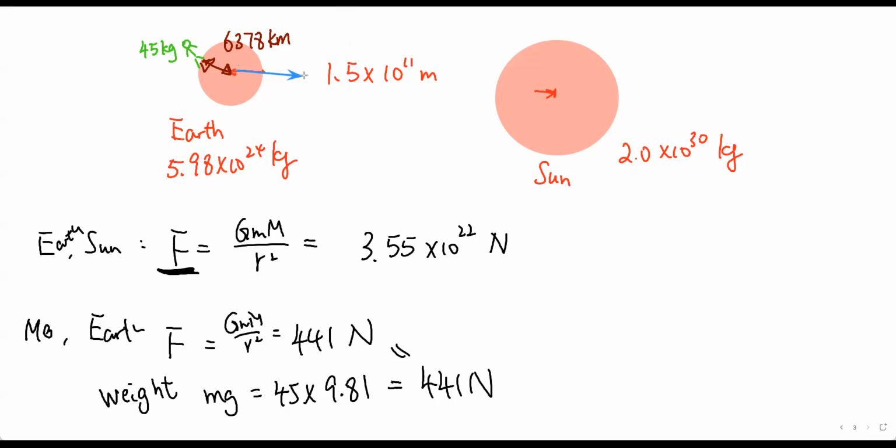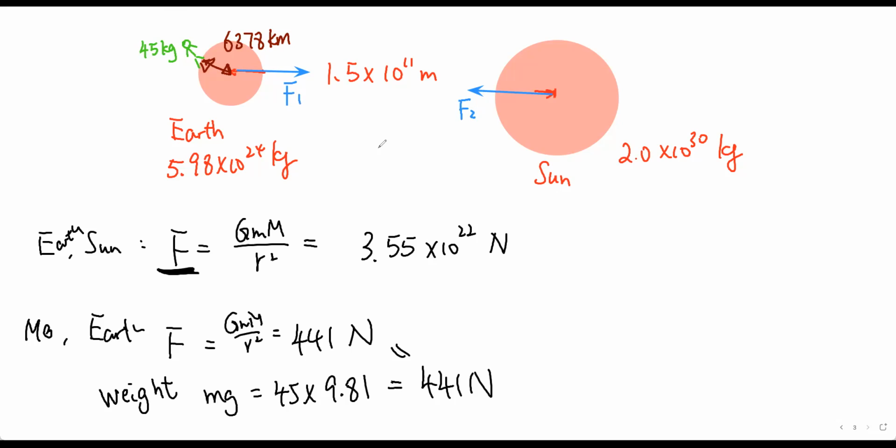Now you know there's an attractive force by the Sun on the Earth, but at the same time, the Earth is also attracting the Sun. These two forces have the same magnitude because they are an action-reaction pair. Now you write down, okay?